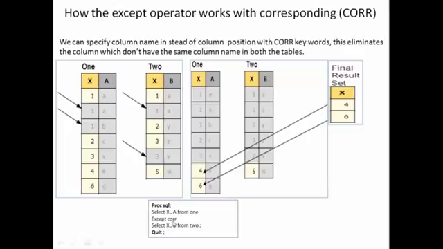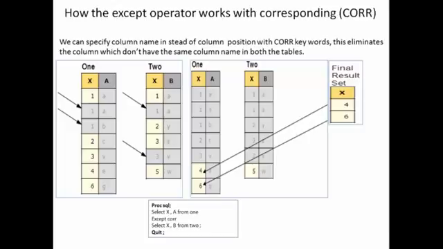When we write CORR, SAS only looks at the same variable names. It ignores the variable names which are not common to both tables. Here this is A, here it's B, so it does not consider A and B. When I run this code, I will get information only on the basis of X, not on the basis of A and B. Can I see that output?